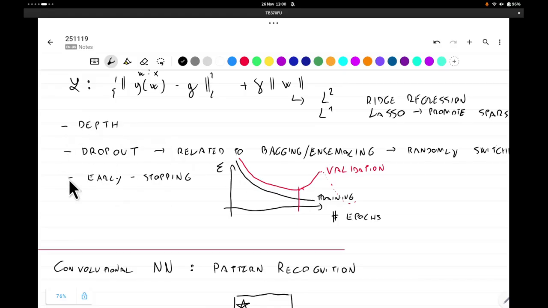So then the other regularization idea, a very strong idea that you have in networks and is not very easy to implement in other model classes, is the dropout idea, where when we do the training, for each epoch, we randomly switch off some nodes.